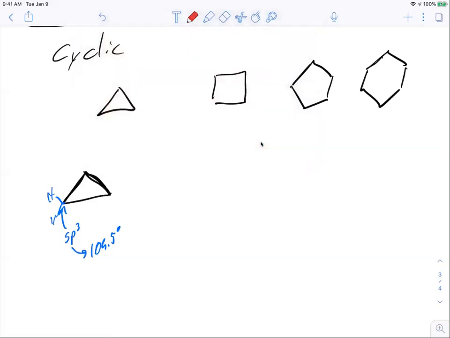What is the internal bond angle for a triangle? 60 degrees, right? So internal equilateral triangle, 60 degrees. What does the carbon want to be? 109.5, right?